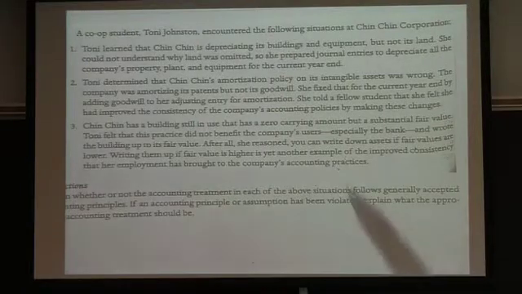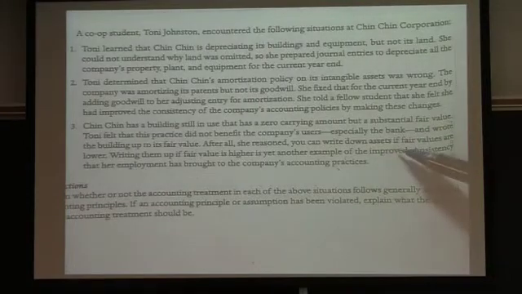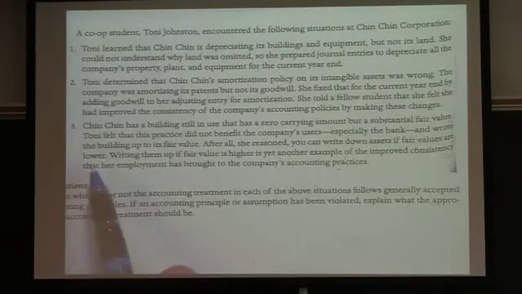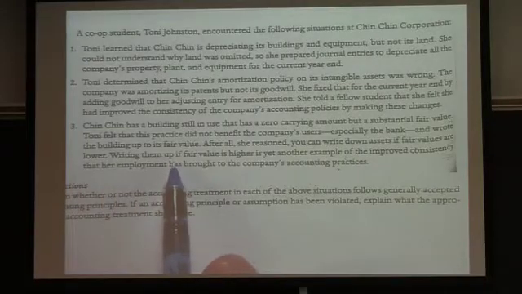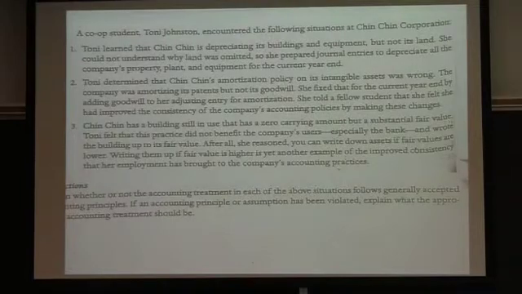And that's going to help the bank, particularly the user called the bank. After all, she reasoned, you can write down the asset if fair values are lower. Writing them up if fair value is higher is yet another example of improved consistency that her employment has brought to the company's accounting practice.